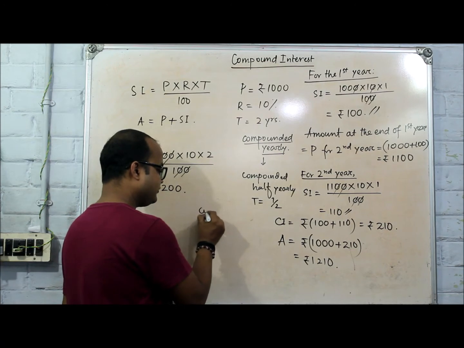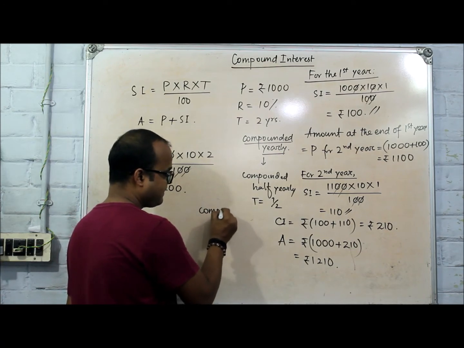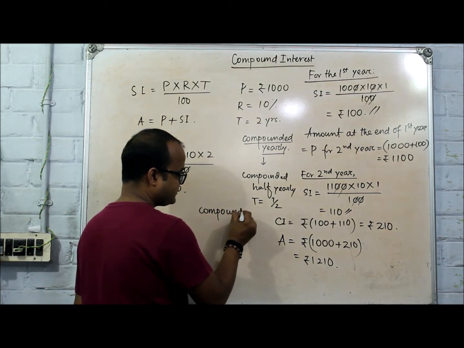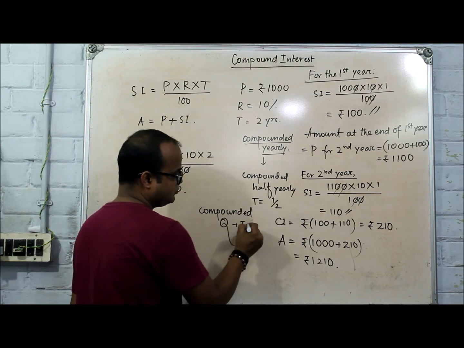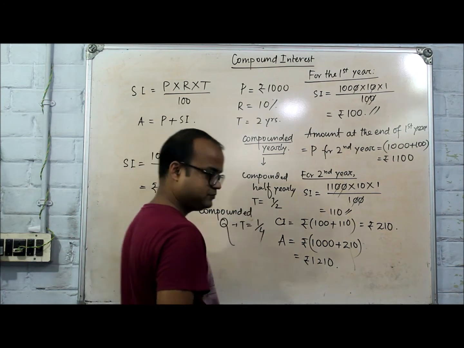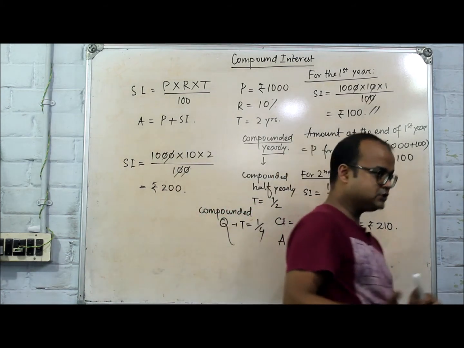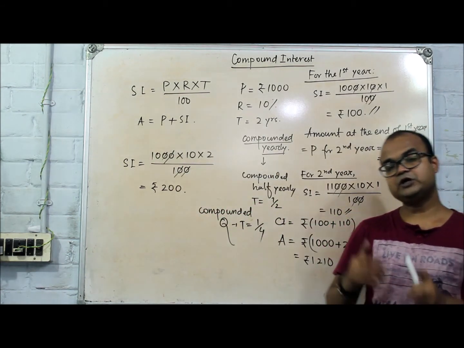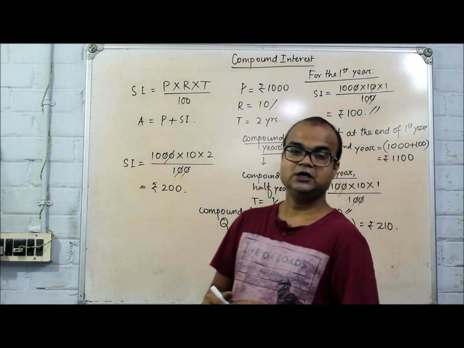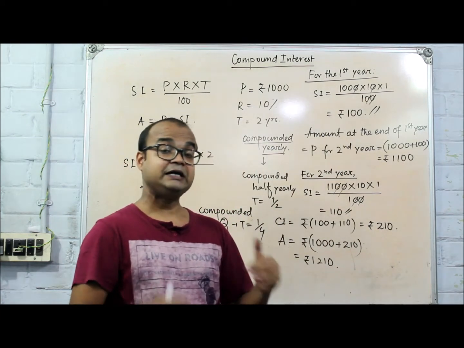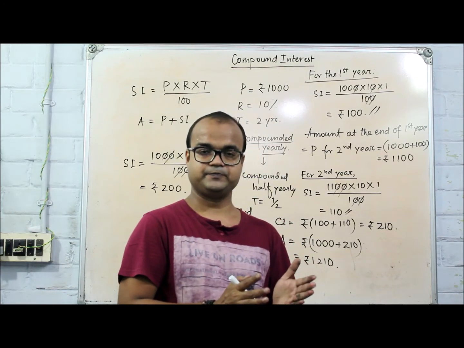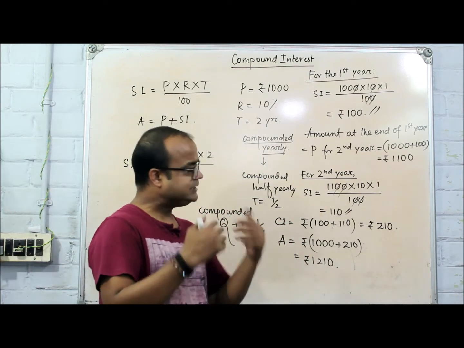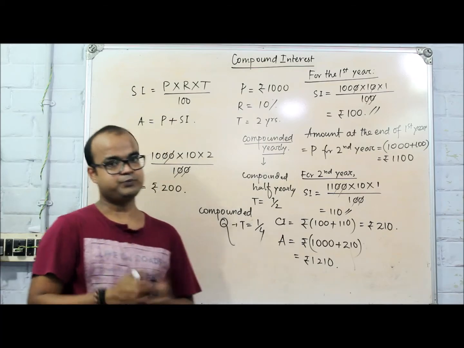And in case of compounded quarterly, we put T is equal to 1 by 4. So in the first part, we are going to discuss compound interest by the repeated application of simple interest. Clear? So we'll discuss the problem.